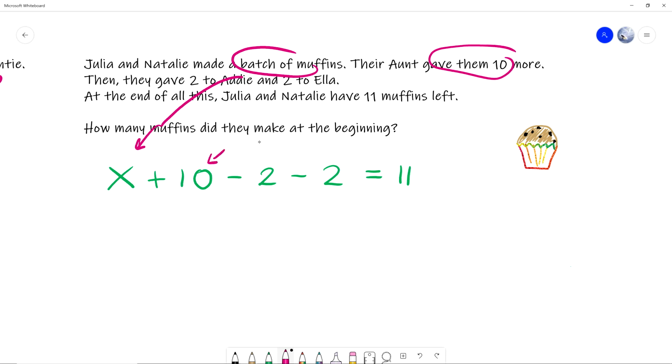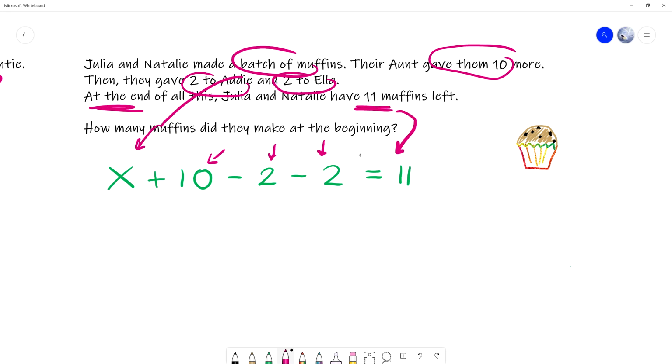And then minus 2 and minus 2? Those are the ones that they gave to Addie and to Ella. They gave away 2 and 2, so we subtract 2 and 2. And why did you write equals 11 at the end? Because at the end of all of this, Julia and Natalie had 11 muffins left.